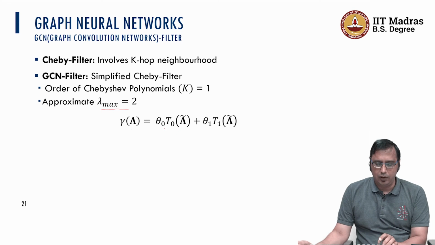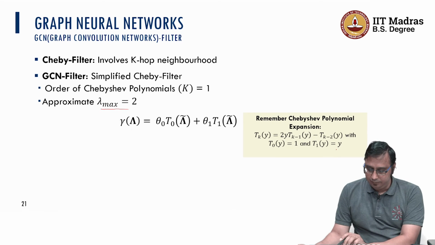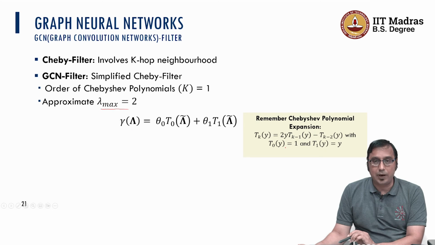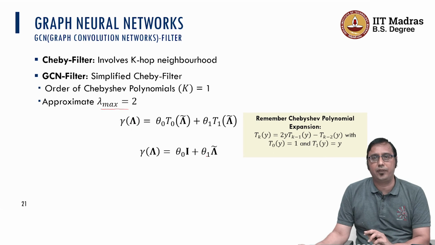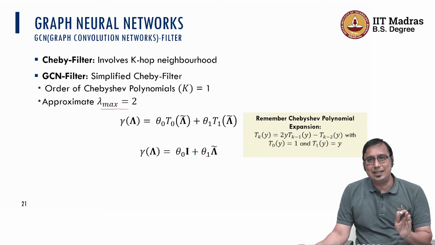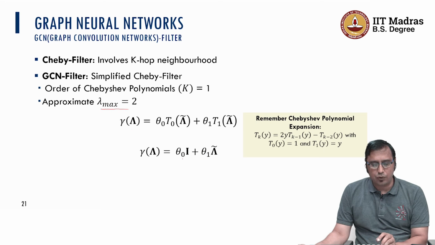Now there is only k equal to 1, and here lambda tilde would be further simplified using the Chebyshev polynomial expansion. You will realize that T_0(lambda tilde) is going to be I, while T_1(lambda tilde) is going to be lambda tilde itself, and we have theta 0 and theta 1, two parameters. So in contrast to the Chebyshev filter, in the graph convolutional neural network filter we are going to have two parameters.